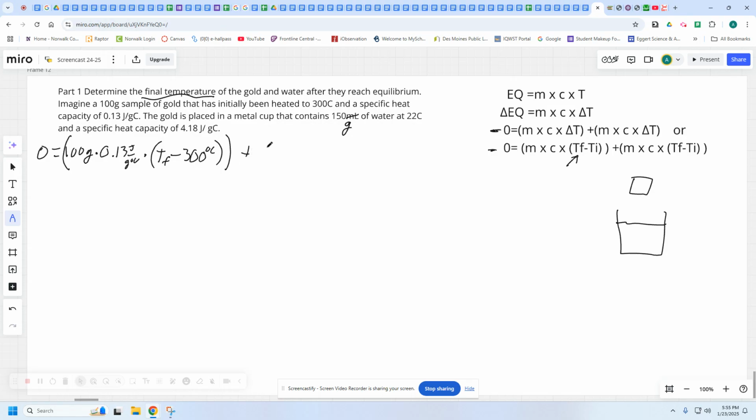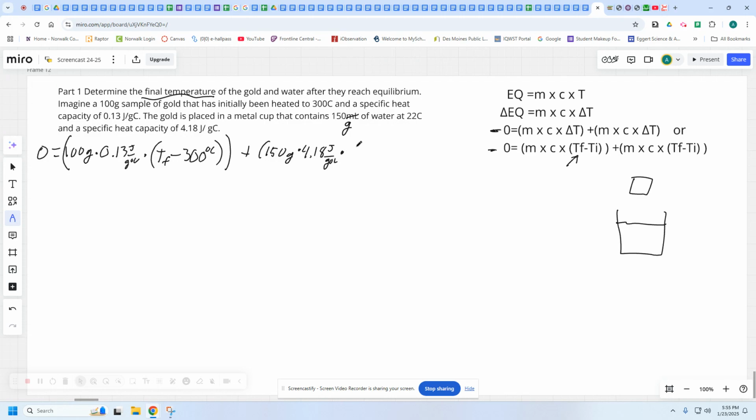And now I'm going to do the change in EQ part for the water, which is at 150 grams and a specific heat capacity of 4.18 joules for every gram degree Celsius.